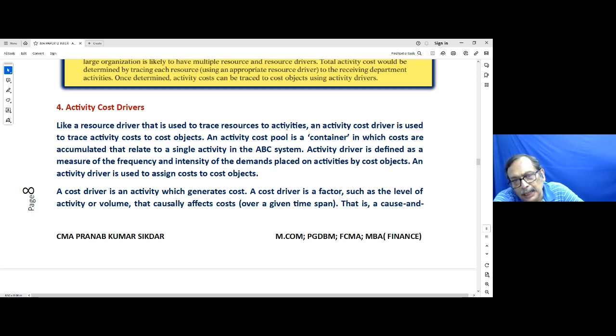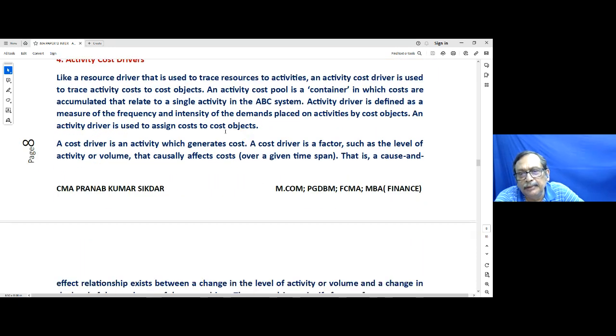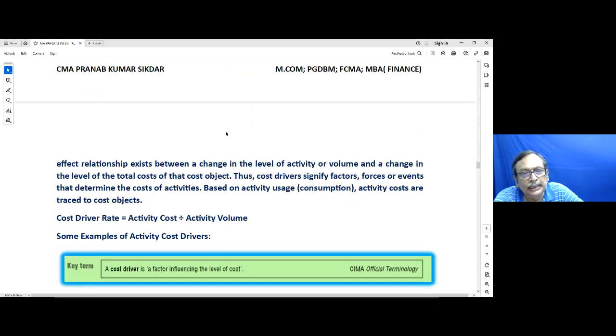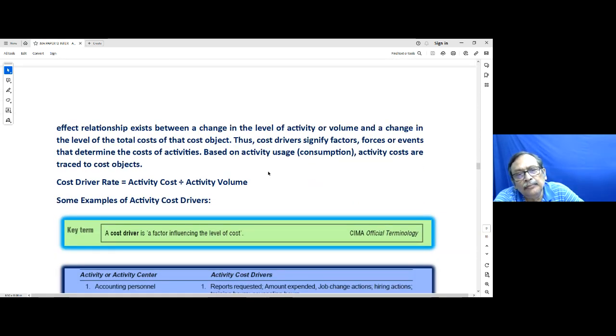A cost driver is an activity which generates cost. A cost driver is a factor, such as the level of activity or volume, that causally affects cost over a given time span. That is, a cause and effect relationship exists between a change in the level of activity or volume and a change in the level of the total cost of the cost object. Thus, cost drivers signify factors, forces or events that determine the cost of activities.